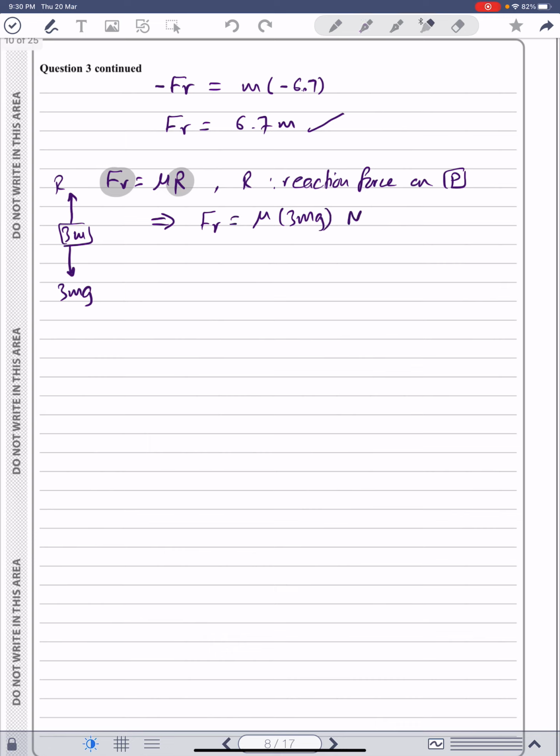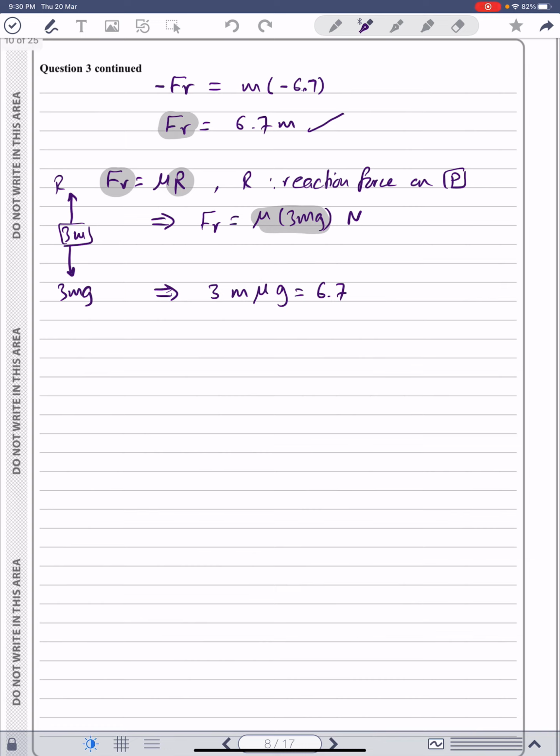By substituting Fr in this equation, you will be getting 3m mu g equals 6.7 times m.